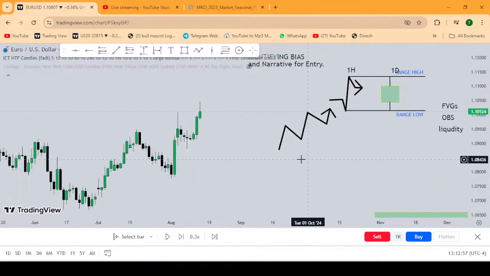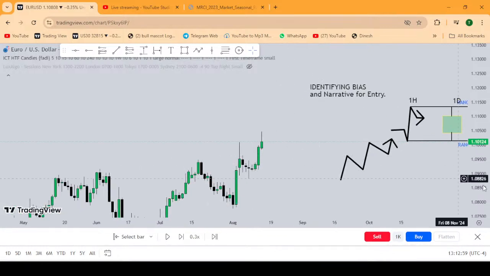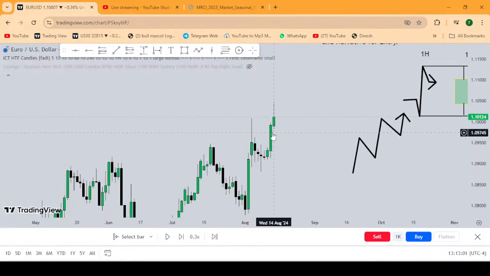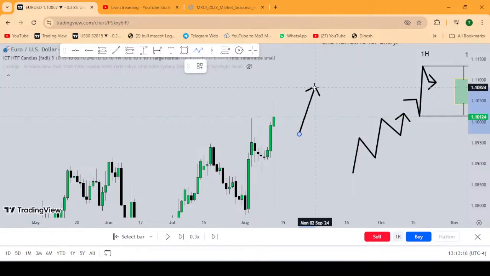So if we are to use this particular example, we see that when price sweeps liquidity, what happens? It always goes back to internal. So when price takes a high, it gets back inside, takes a high, gets back inside the range, takes a high, continues pushing to the upside. So we create a range high, come back inside, find a fair value gap or order block here, sit on it, target these highs again.